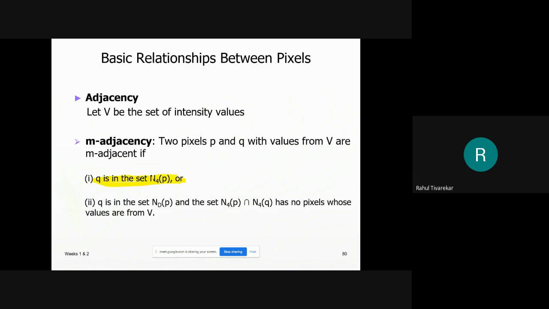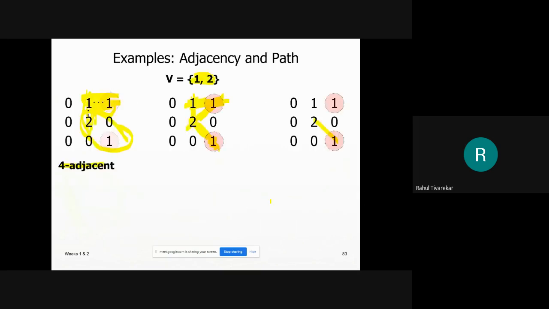If the fourth neighbor is available, you definitely have to go for the fourth neighbor. In that case, you don't go for the diagonal neighbor. If the fourth neighbor is not available, then go for the diagonal neighbor. In that case, the fourth neighbors of pixel P and pixel Q should not have any common element. So the M adjacency will be here to here.